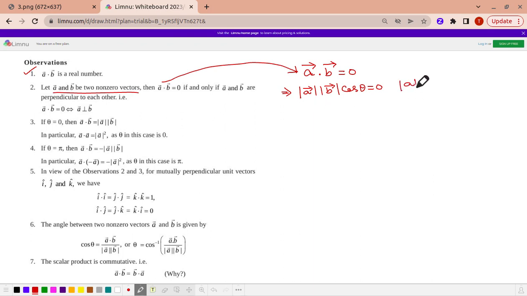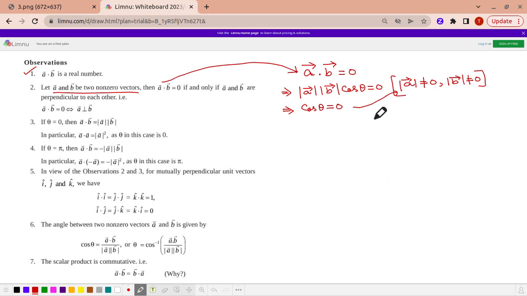Mod A, that is why it is a non-zero vector, its magnitude cannot be equal to 0, and mod B also cannot be equal to 0. But mod A into mod B into cos theta equals 0. How is it possible? It is only possible if cos theta equals 0, and I hope all of you are able to get it. Why? Because mod A is not equal to 0, mod B is not equal to 0.